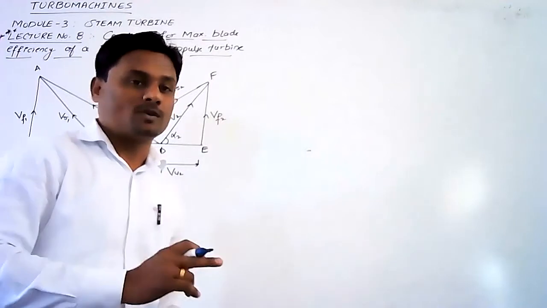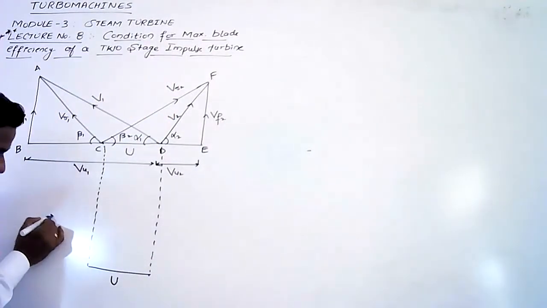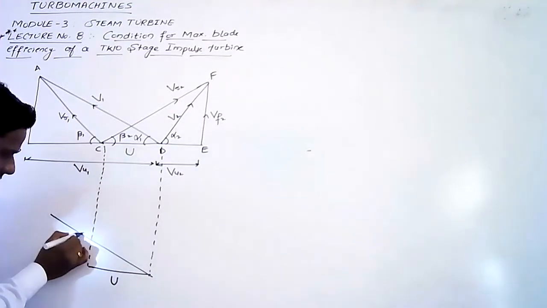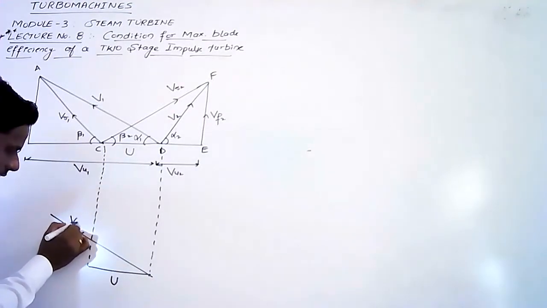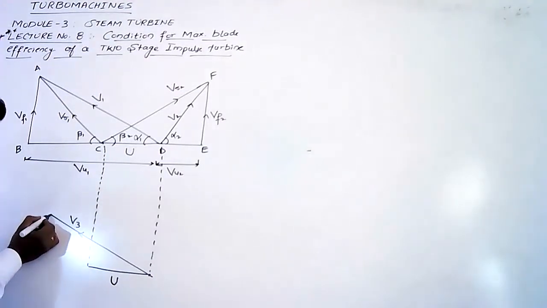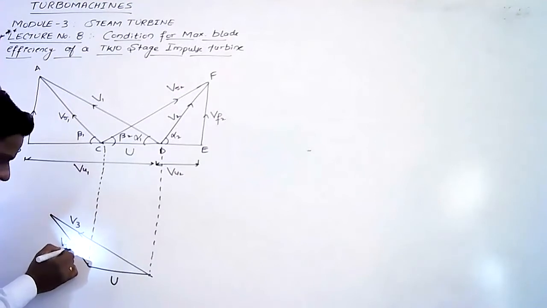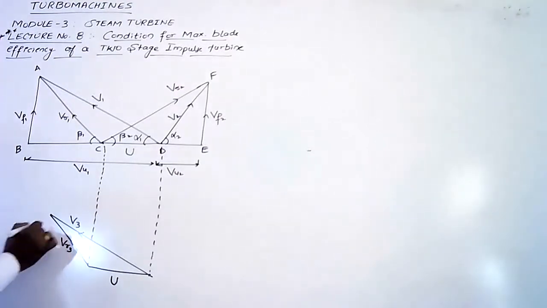So this is V3, the velocity of steam at the inlet of the second row of moving blade, and VR3, the relative velocity component at the inlet of the second row of moving blade.